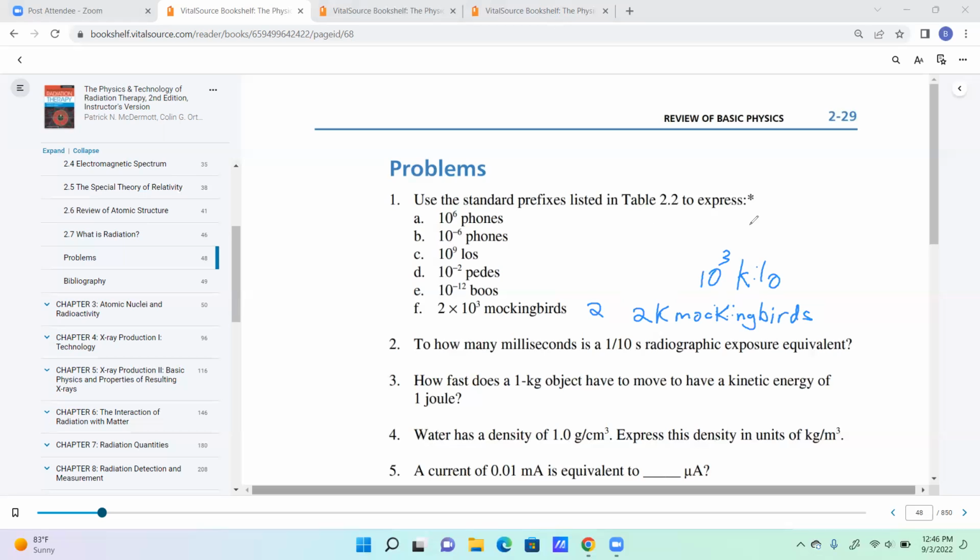Whatever it is you have a unit of, you attach the prefix to it. So that's how number 1 goes.